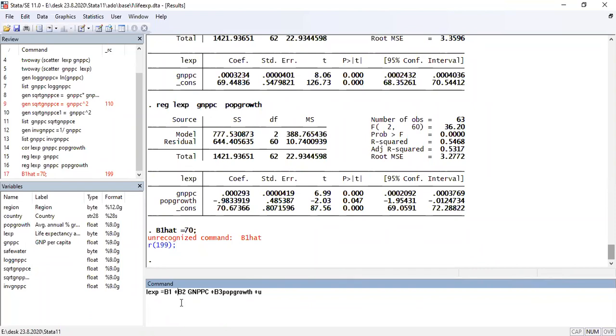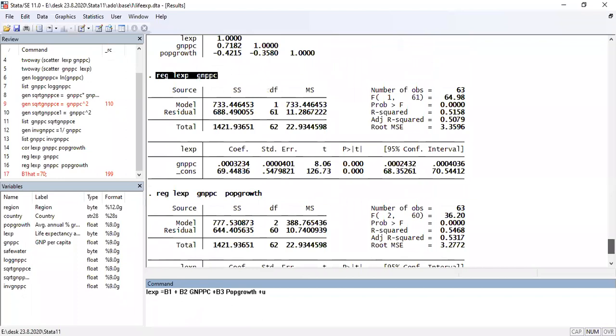If we keep beta 3 constant, then beta 3 is a constant, obviously. It's a parameter, you don't have to keep it constant. How did you explain this 69? If GNPPC is 0, life expectancy on average is 69.44.